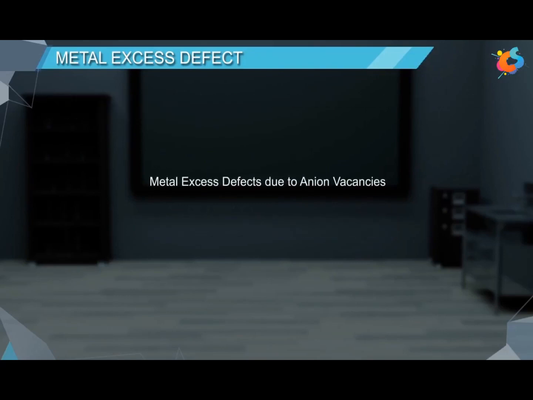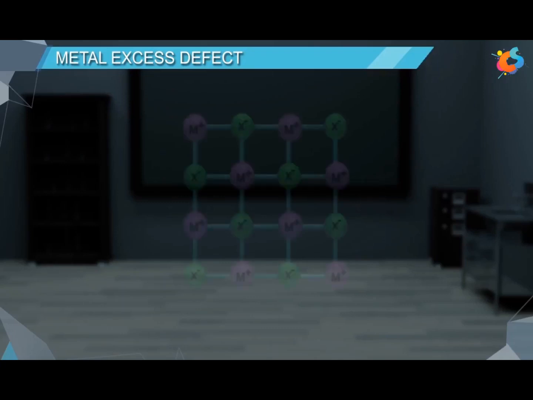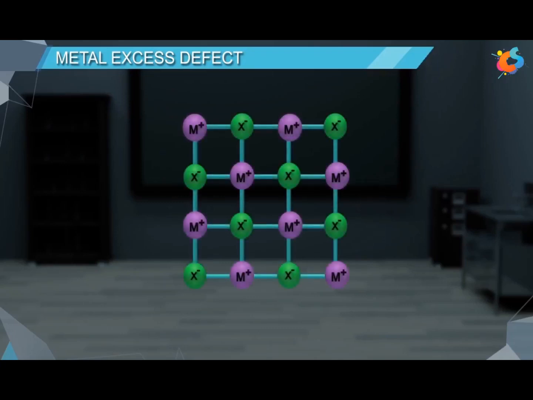Metal excess defects due to anion vacancies. In an ionic solid, an anion may be missing from its lattice site, leaving a hole which is occupied by an electron to maintain electrical neutrality.